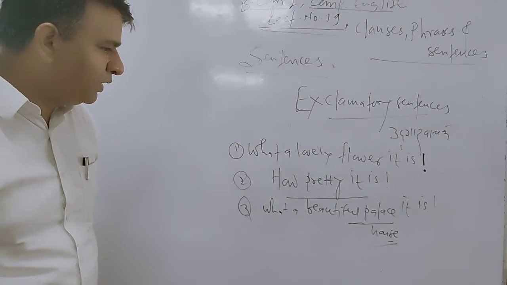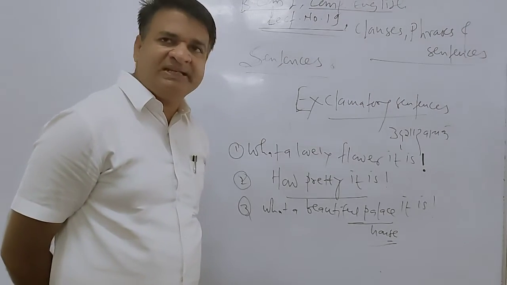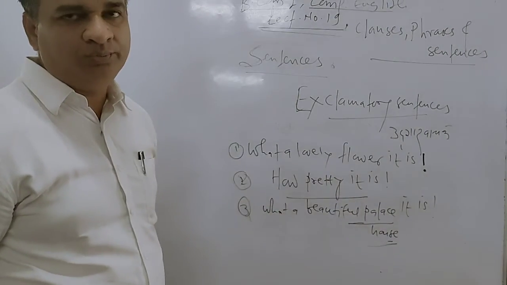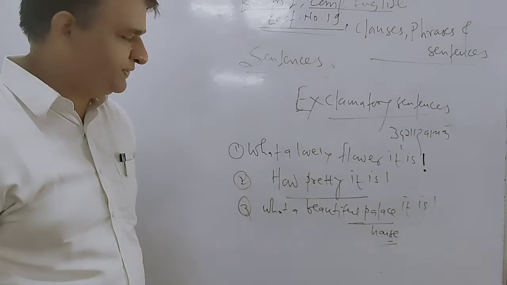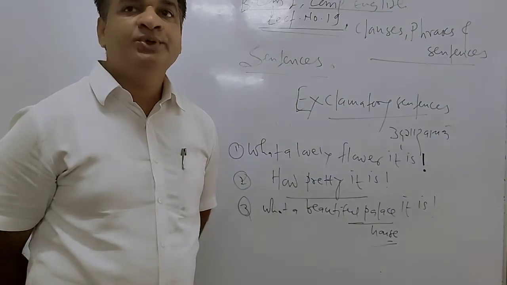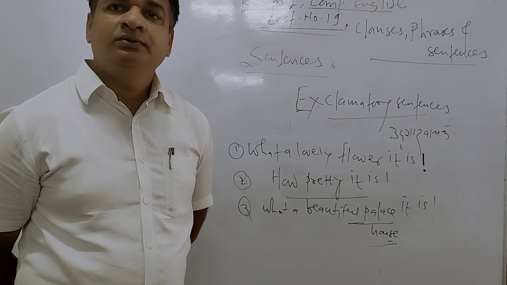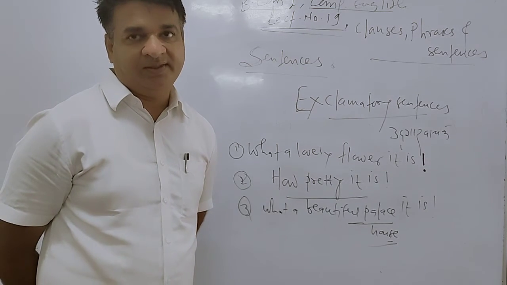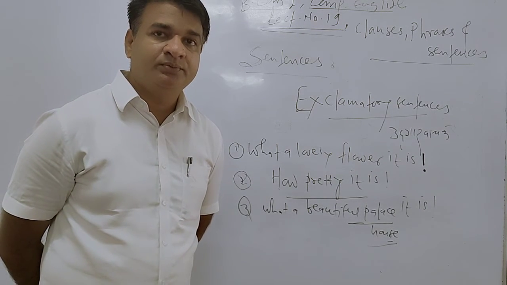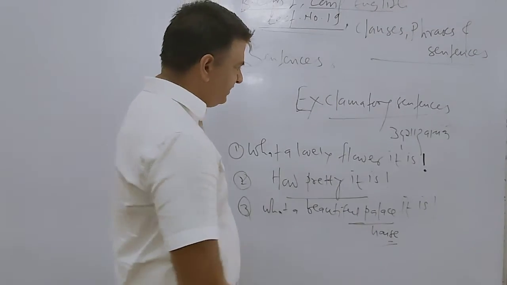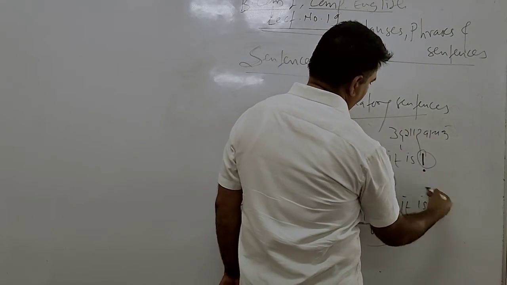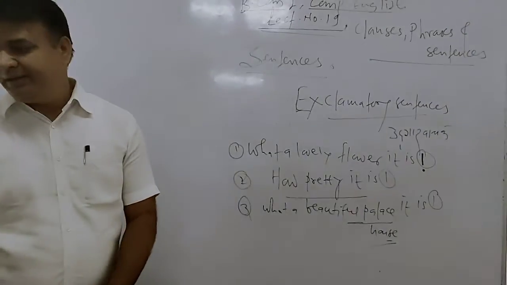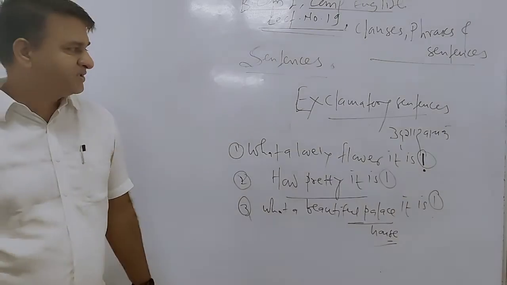Again, when we study these exclamatory sentences, we simply begin these sentences with the help of what or how, to show its sense. How lovely a flower, what a beautiful flower, what a beautiful car, what a beautiful mobile it is, what a beautiful scenario. Like this, we have to identify these exclamatory sentences with the help of this exclamatory mark, which is very simple and easy for our understanding.